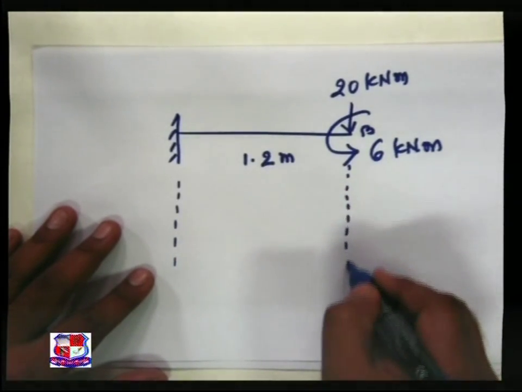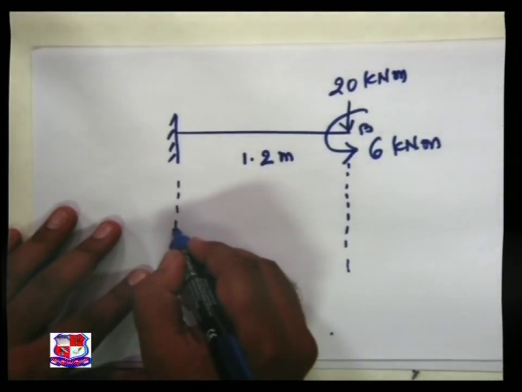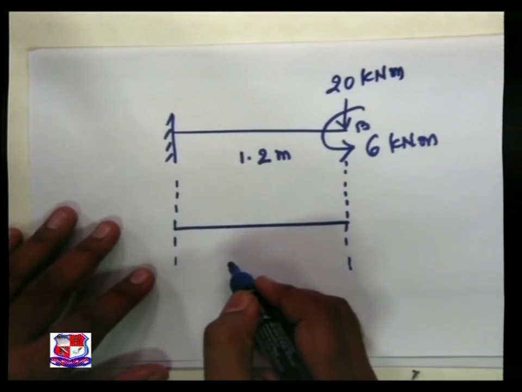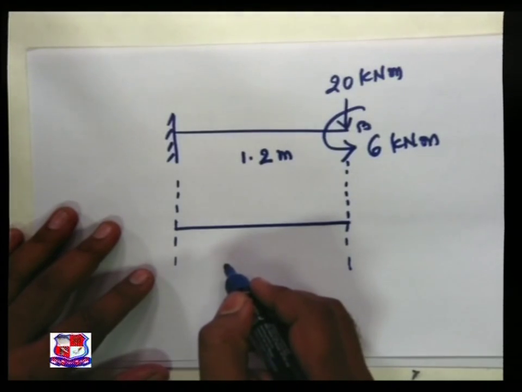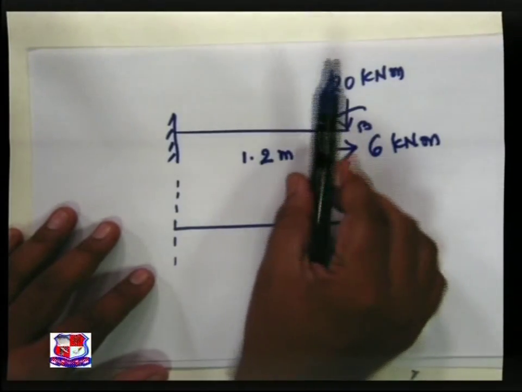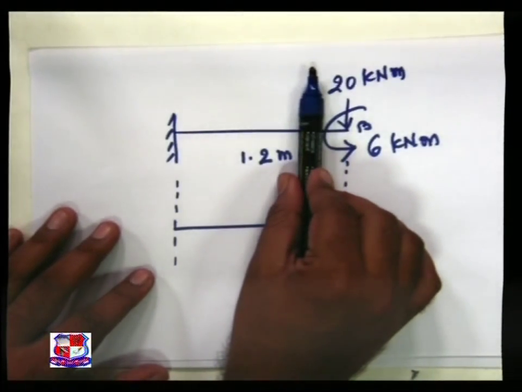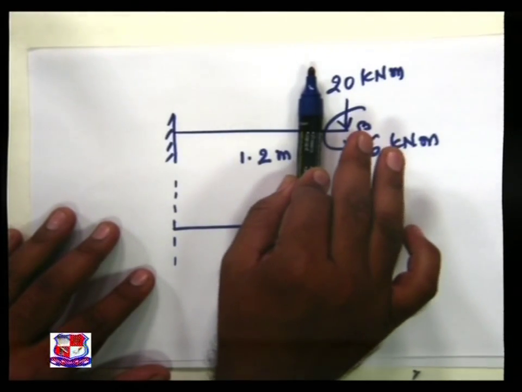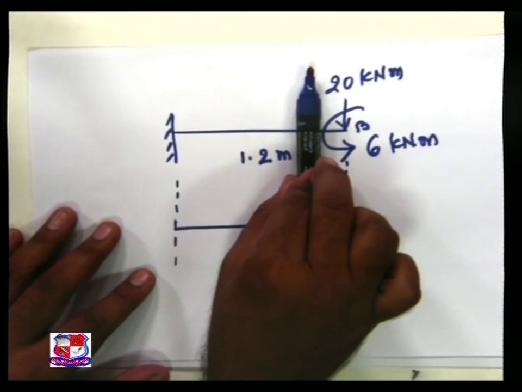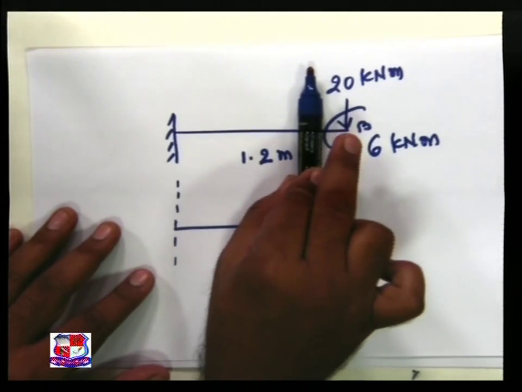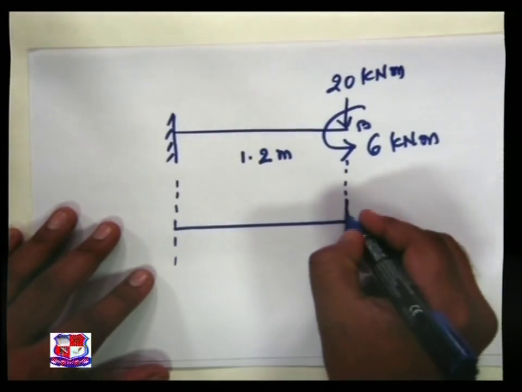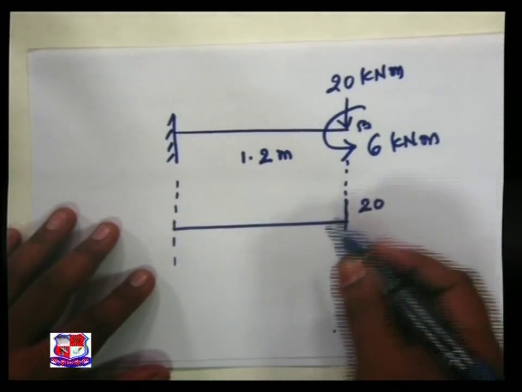In this particular problem, instead of taking a section, let us directly draw the shear force diagram by applying the basic concept. If we take a section over here, only one unbalanced force is acting on the right side, that is 20. So section right downward, 20, treated as positive, 20.